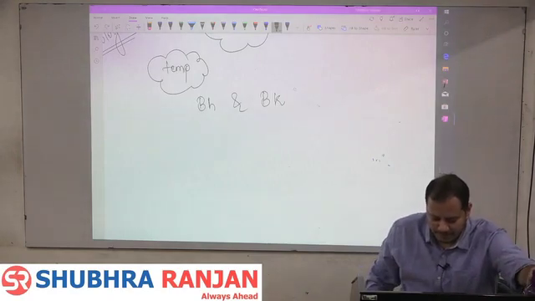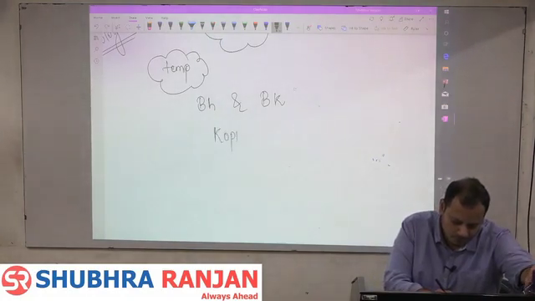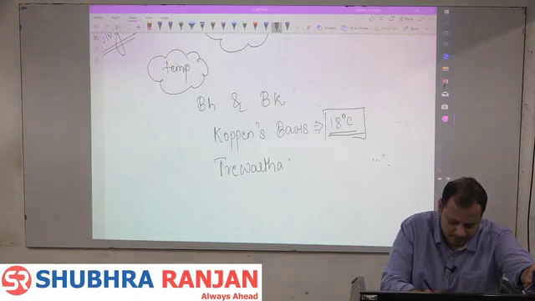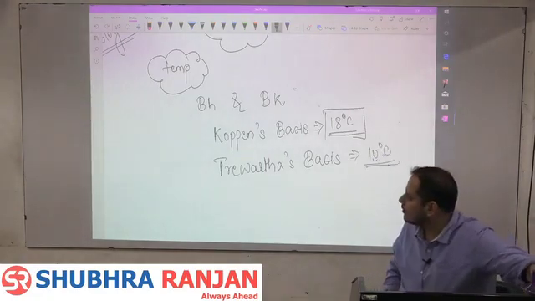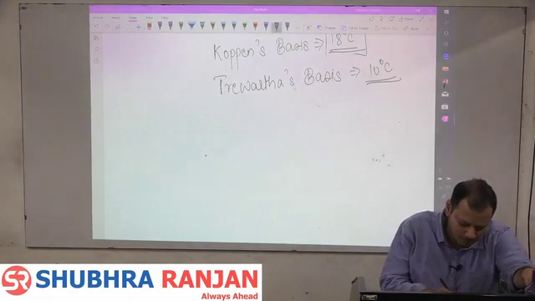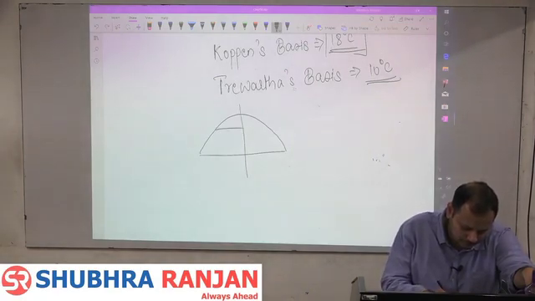For the boundary between BH and BK type of climate, Köppen's basis is 18 degrees Celsius isotherm, while Trevartha's basis is 10 degrees Celsius isotherm. You can draw this diagram.